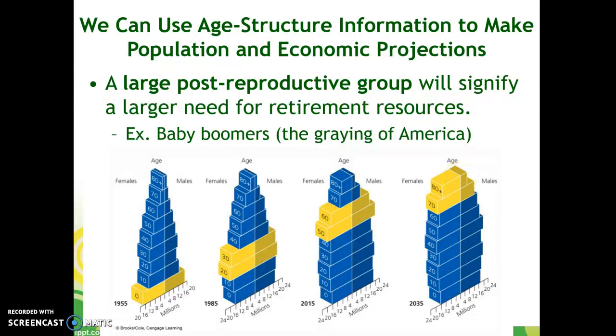What that means is that America's population is graying. We're going to have a higher percentage of older individuals in America, and that's going to increase our need for retirement resources. You hear a lot on the news about pensions because they're concerned about being able to pay for this huge number of baby boomers when they reach those post-reproductive or elderly ages where retirement is an issue.